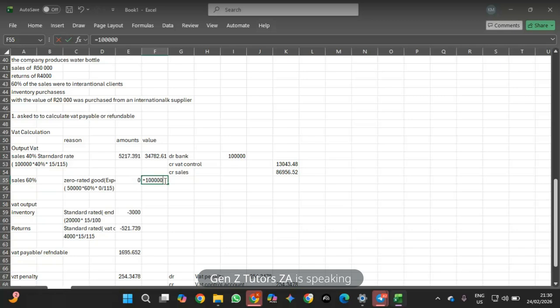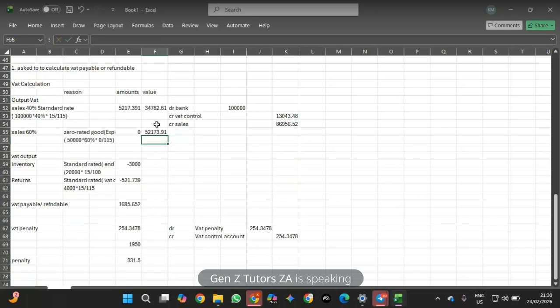Right. So now I've got 100,000 multiplied by that 60%, then multiplied by that 100 over 115. And then you're good to go. Right. So now this is the amount that you're going to be including in the taxable items and stuff like that.